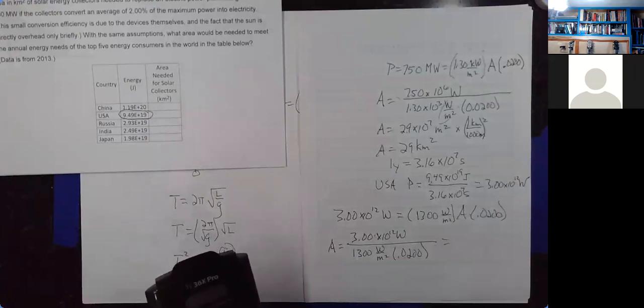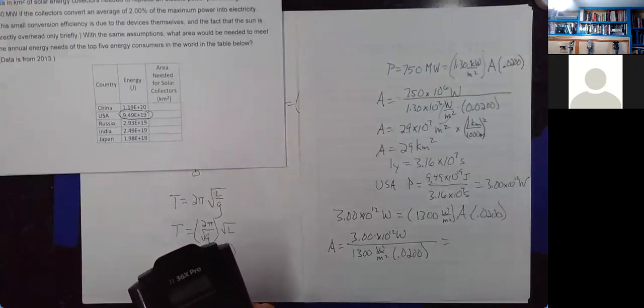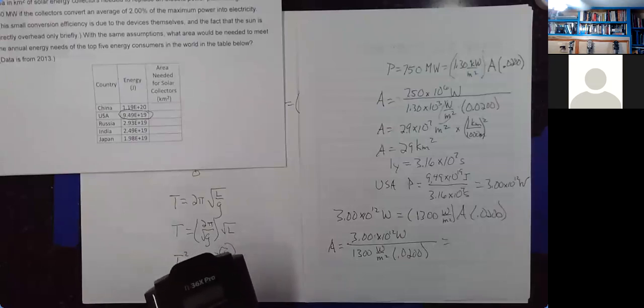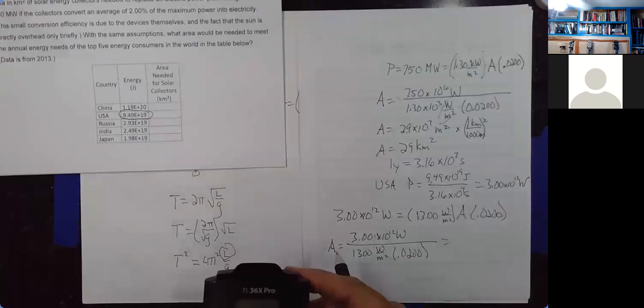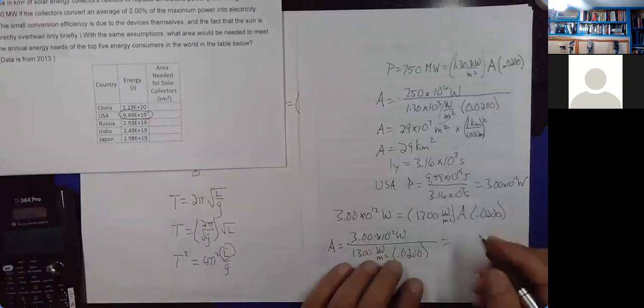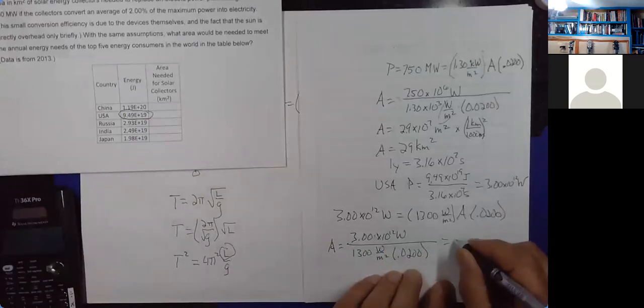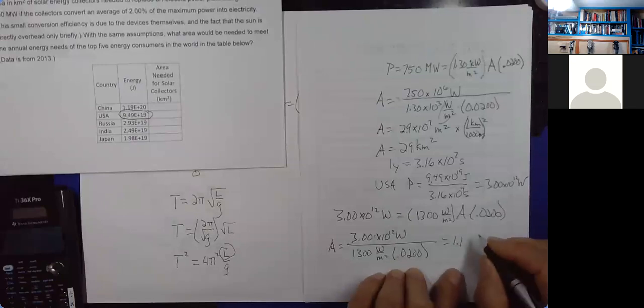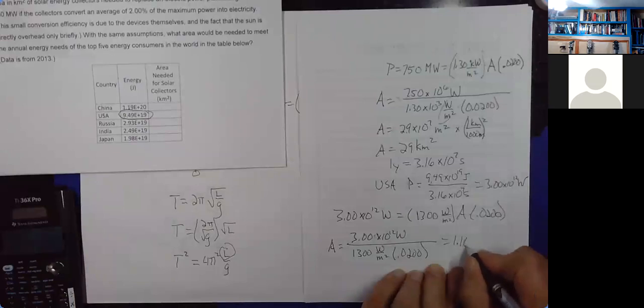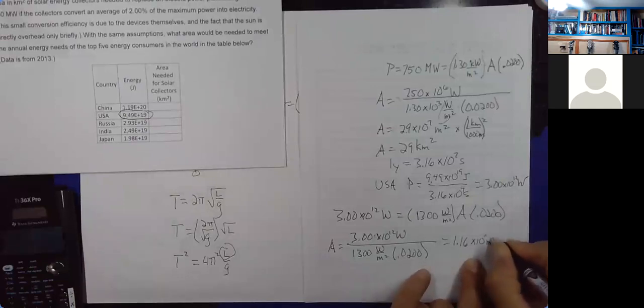Divided by, and I get about 1.16 times 10 to the 11th meters squared.